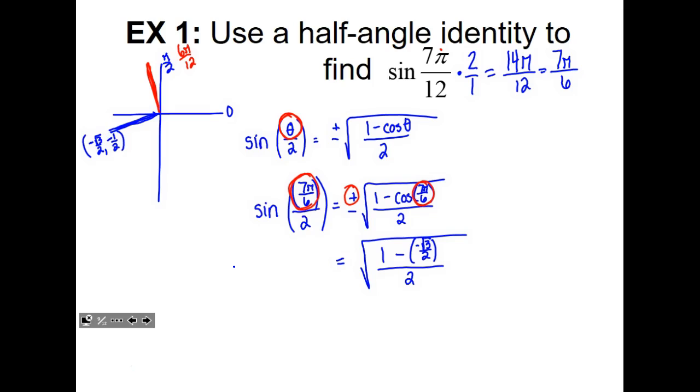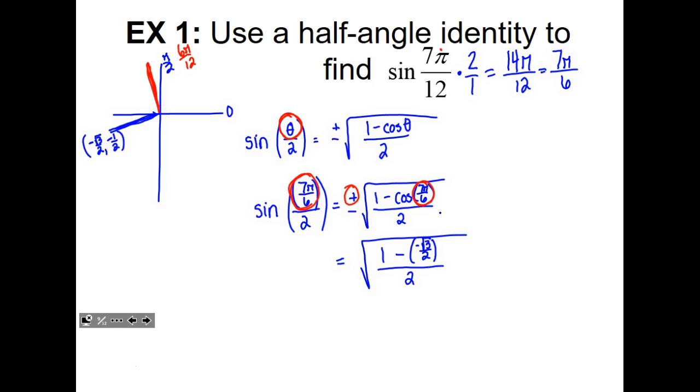So, we've got a mess here because you've got square roots inside of square roots. And what I don't like about half-angle identities is that it never gets much better than this. I do not want a complex fraction, so please make sure that you do not leave a fraction inside of a fraction.